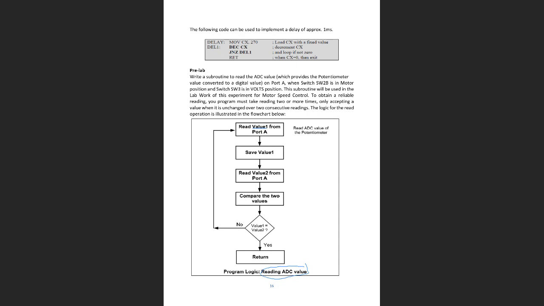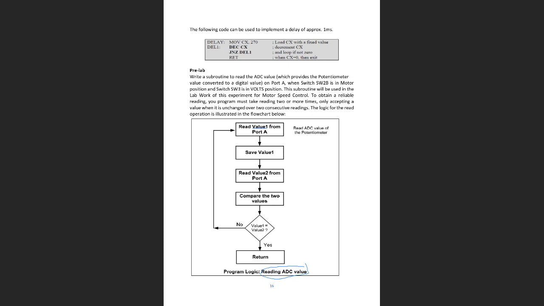Then read again. This time gap is very low, like microseconds, so it's almost the same. Then it reads value 2, or data 2, and checks whether they are the same or not. Compare the two values. If value 1 equals value 2, is it yes? If yes, then okay, our data is accepted.